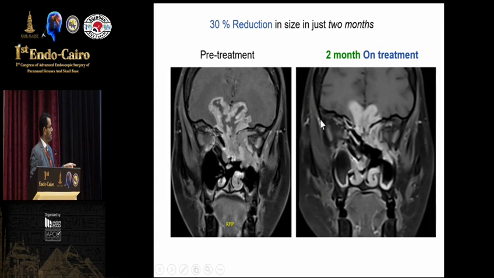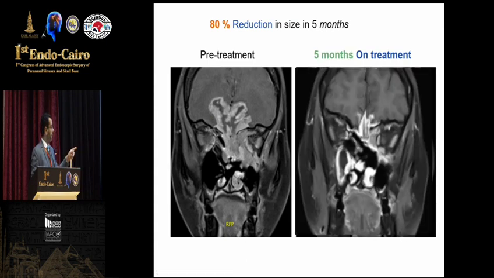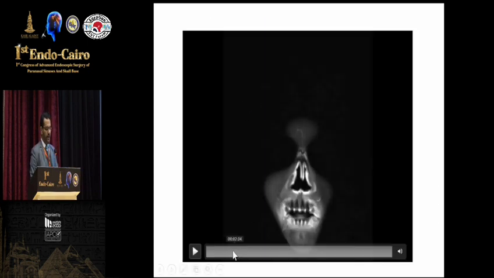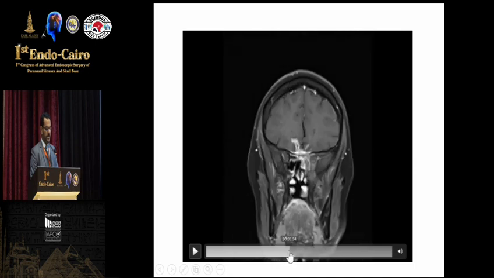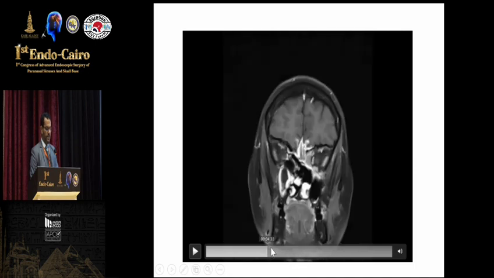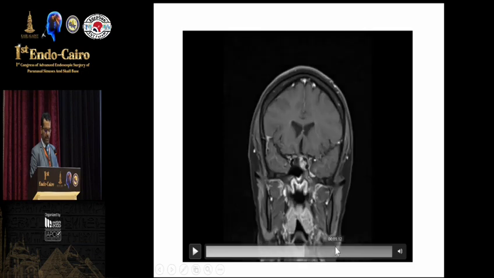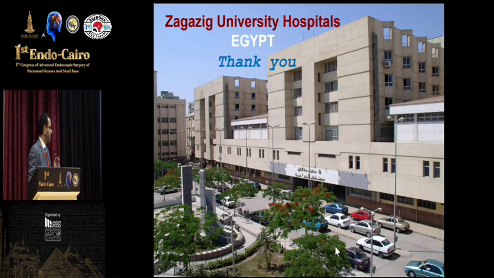This is pre-treatment. This is 2 months on treatment, and this is 5 months on treatment. Now the patient is 4 years post-treatment. She's doing very well. She is symptom-free, and she's enjoying a happy life. And this is the residual part of the lesion that you see. That's it. Thank you.